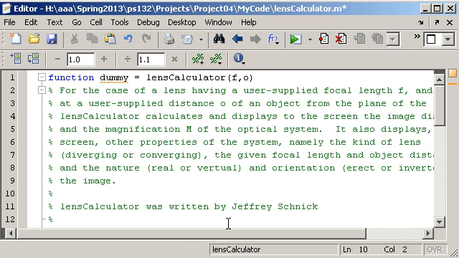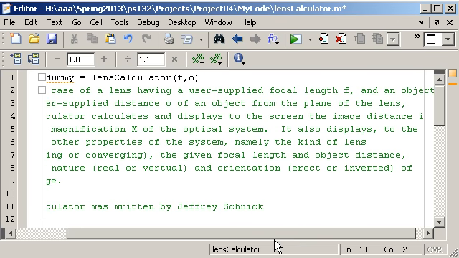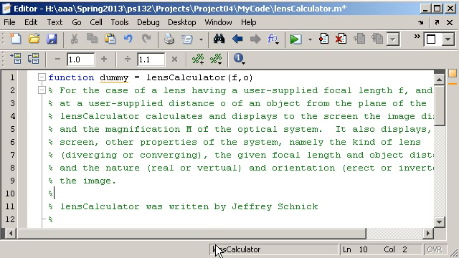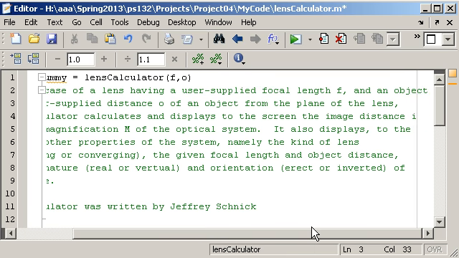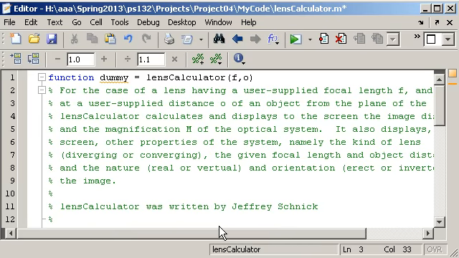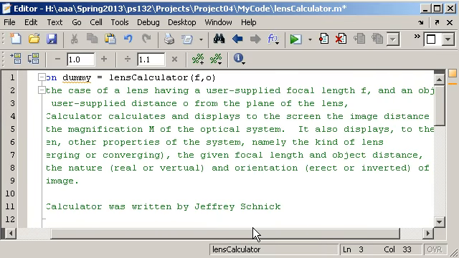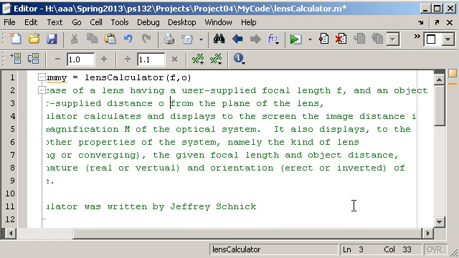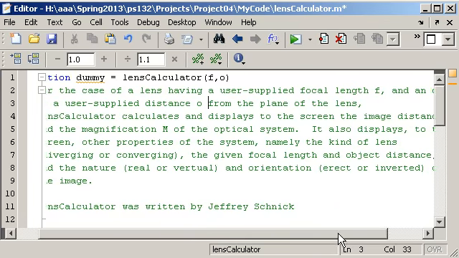Okay, I think I got the description of it. Make sure you write it up in your own words, but for the case of lens calculator: having a user-supplied focal length f and an object at a user-supplied distance O from the plane of the lens, lens calculator calculates and displays to the screen the image distance I, the magnification M of the optical system.